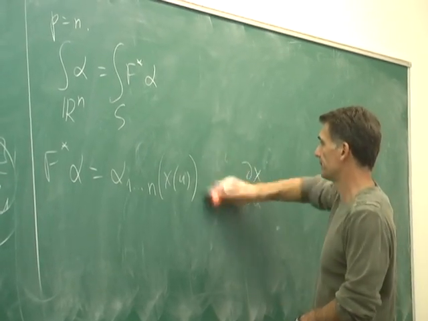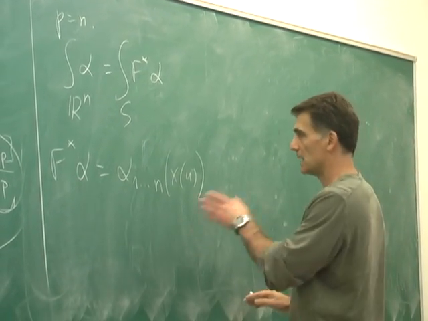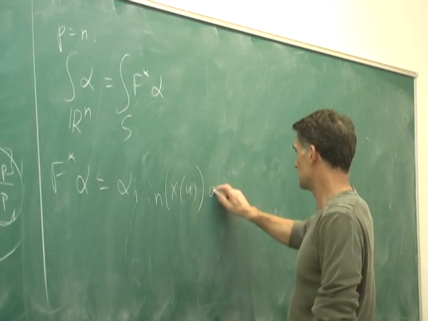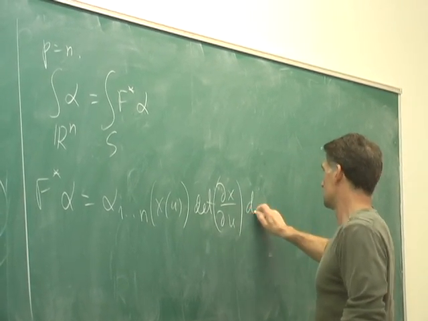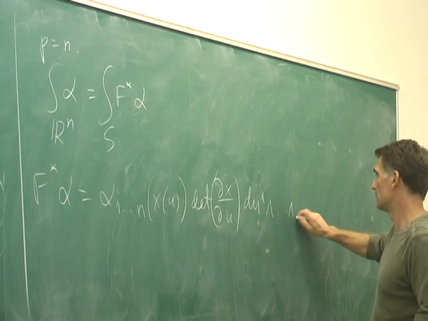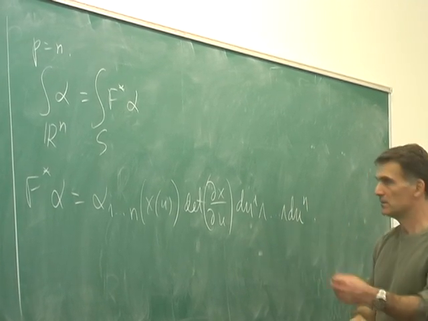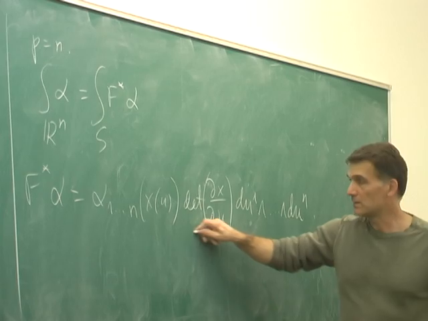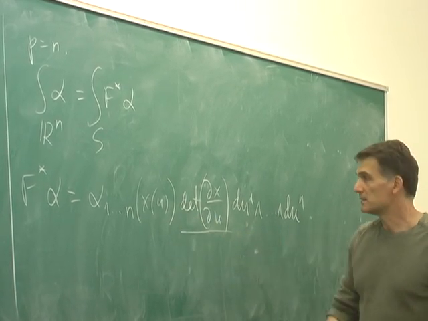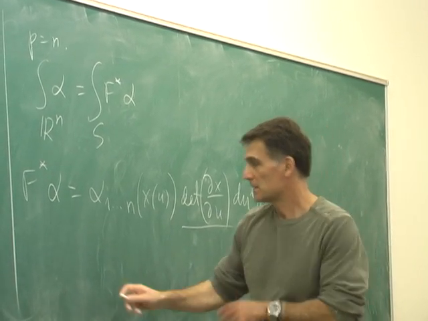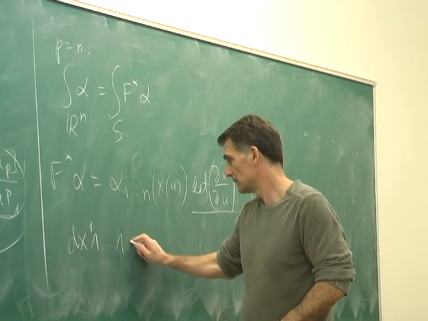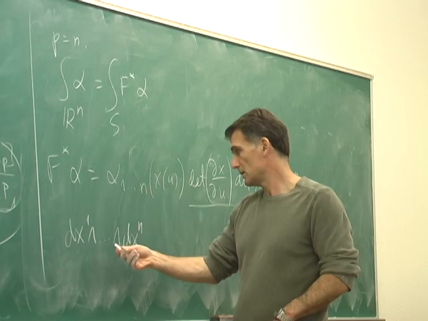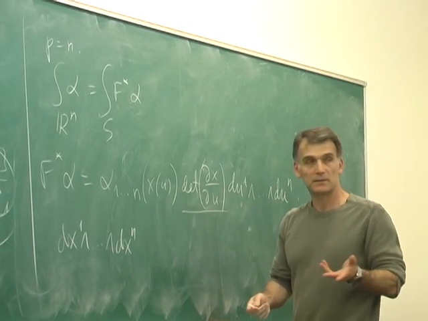Well, okay, let me just try it and then I'll explain. So you'll get the determinant of dx by du. Why is it the determinant? Well, that's because if you have dx1 through dxn, it's basically a diffeomorphism.